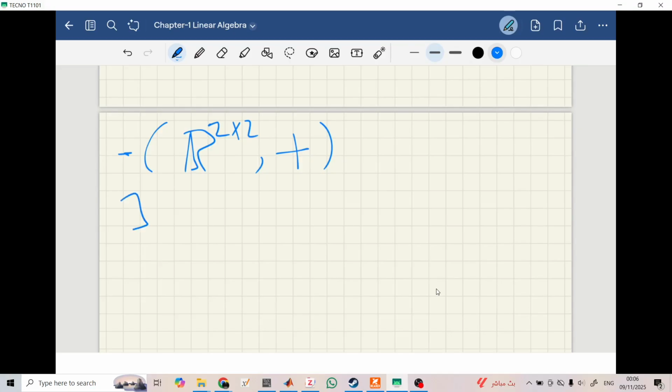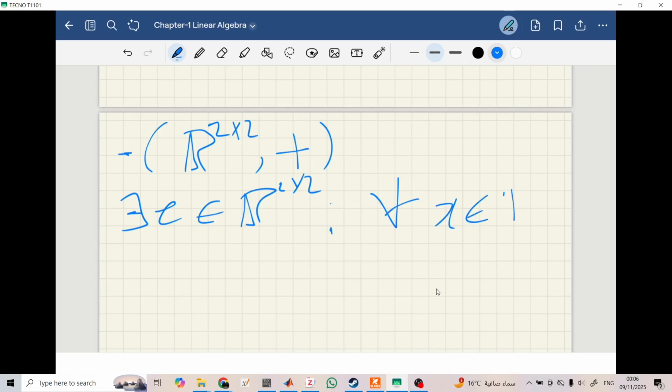Now we're looking for a neutral element E that belongs to R 2 by 2 such that for all x belonging to R 2 by 2, we have E plus x equals x plus E equals x.